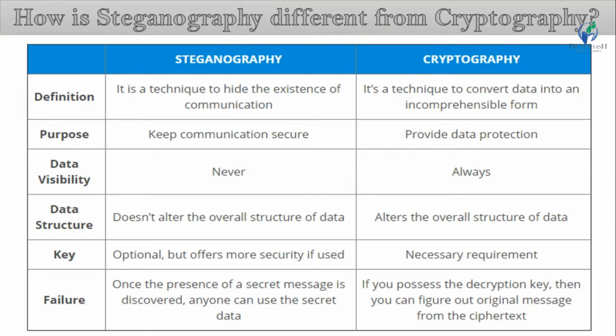Now, failure in steganography: once the presence of the secret message is discovered, anyone can use the secret data. In cryptography, if you possess the decryption key, then you can figure out the original message from the ciphertext. So this way we have differentiated steganography and cryptography.